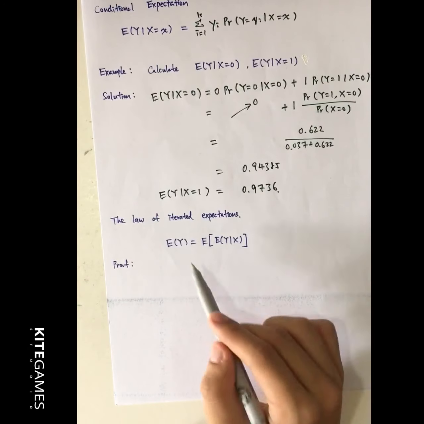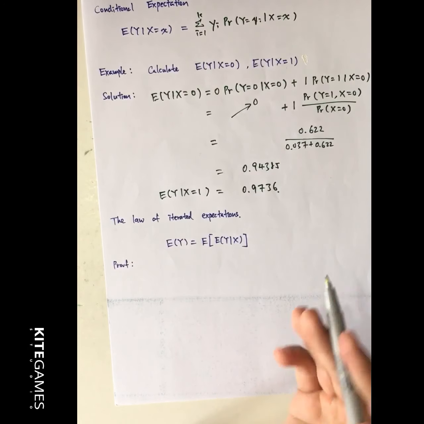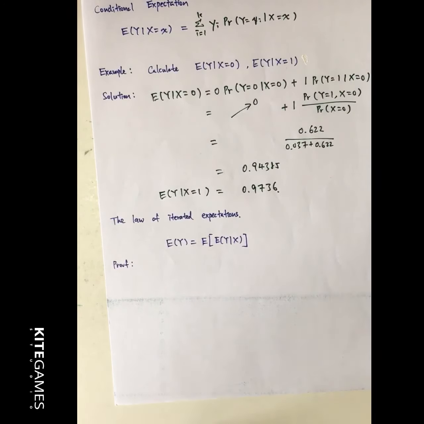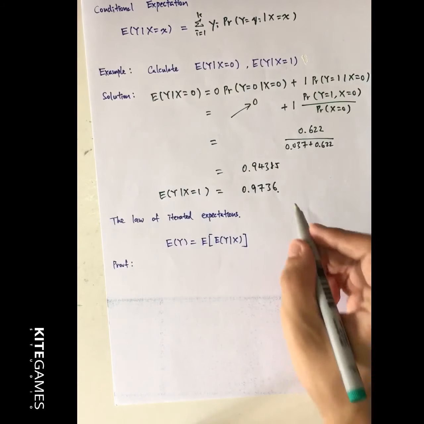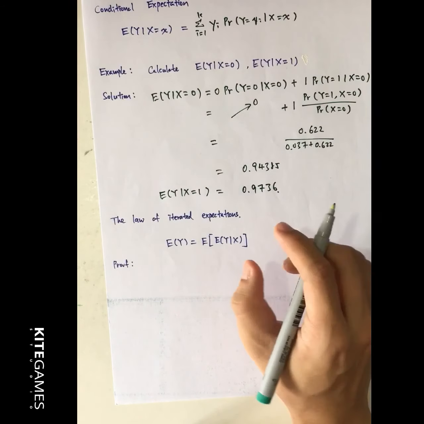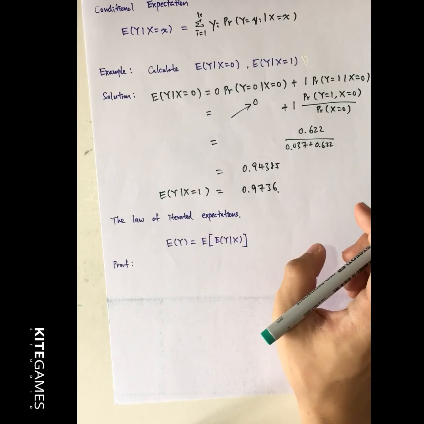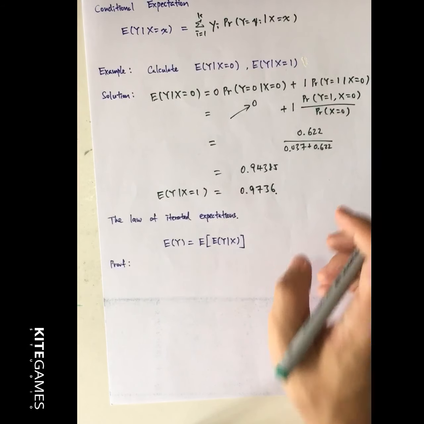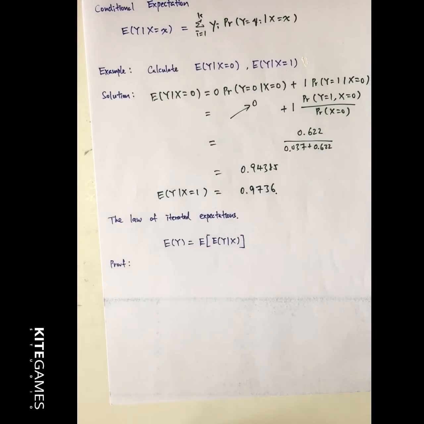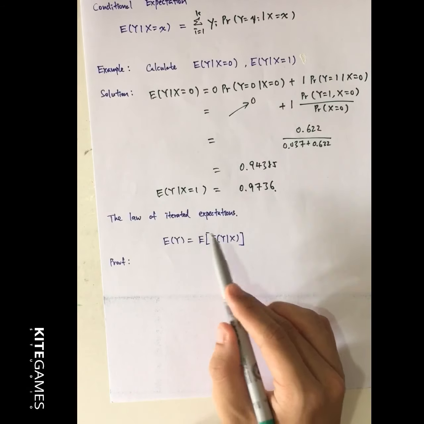This law is very useful in higher level econometrics, especially when you want to find the expected value of u, the error term, given some x is equal to 0. So this is the first step to talk about the basic assumptions in econometrics. But before that, you need to know how to use this law.